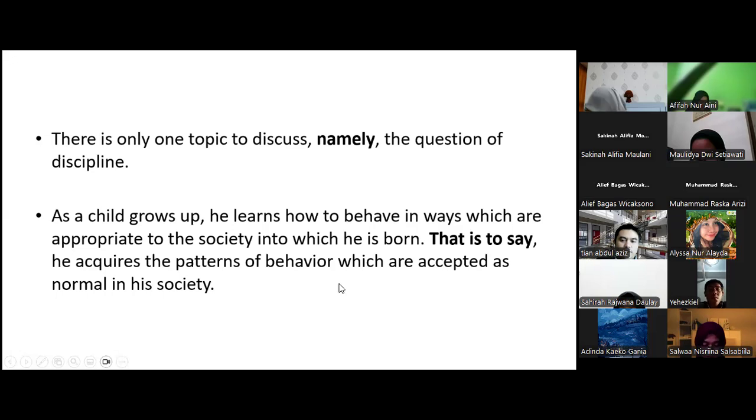So the second sentence gives detail, gives more explanation about the first sentence. We use that is to say, he acquires the patterns of behavior which are accepted as normal in his society.